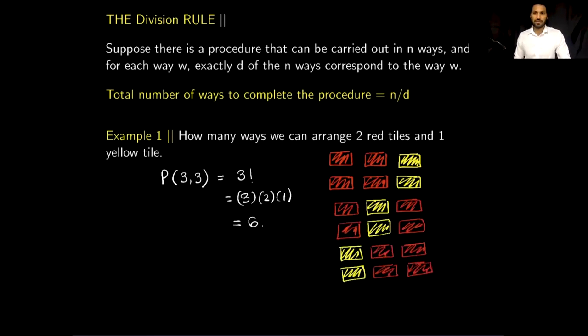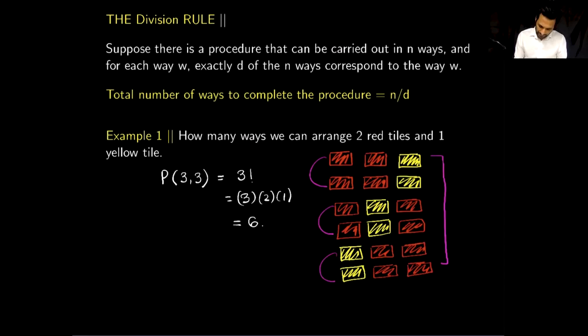If we use the method of permutation, these will be the 6 ways to arrange these tiles. But as you can see, some ways are repeated. For example, these two are identical ways, and these two, and these two. The reason is that the method of permutation assumes that each object is distinct.